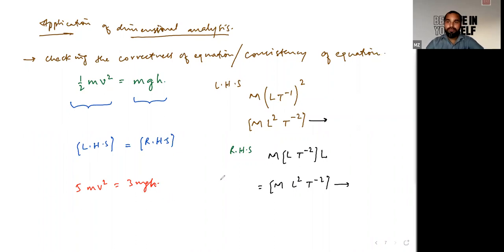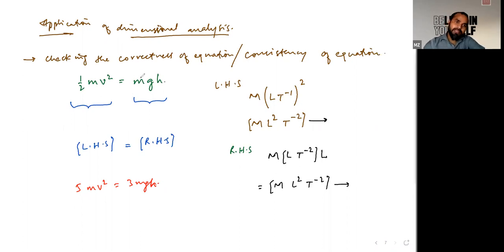You may say no, it can't be affected, as we are just changing the coefficient, which is a constant and dimensionless. So their dimensions would still be equal on this side as well. But the actual equation is this one.